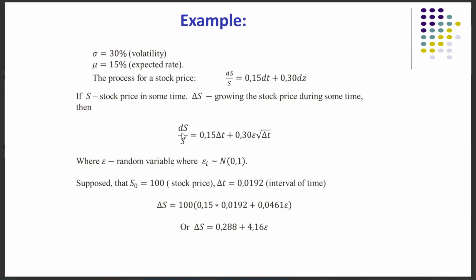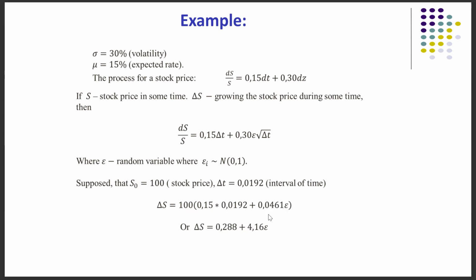If we write the discrete form for dS, it is delta S. Now we can substitute delta S equals S minus S0, where S0 is, for example, 100, and delta T is, for example, 1 week. One week, in units of years, is this part of a year.